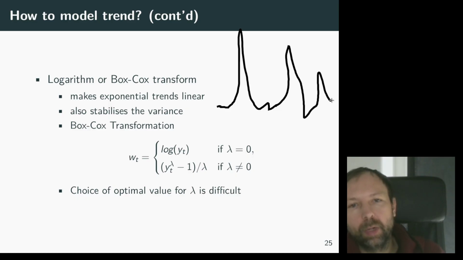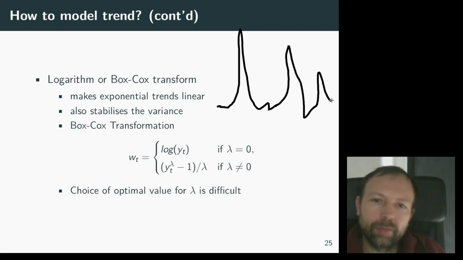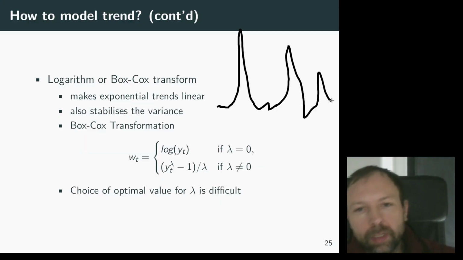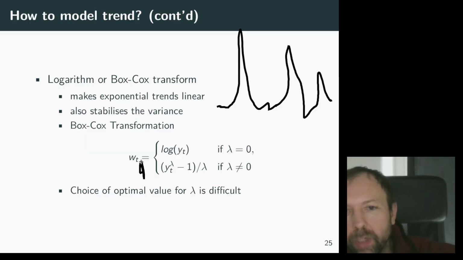And that's why Box and Cox came up with this Box-Cox transformation, where the idea is, well, I have this parameter lambda, where I can tune the strength of the transform. So if lambda is 0, I have the logarithm, and if lambda is non-zero, I do this power transform. For example, if lambda is 1, I do essentially nothing, right? I just subtract 1, so I don't do any power transform.